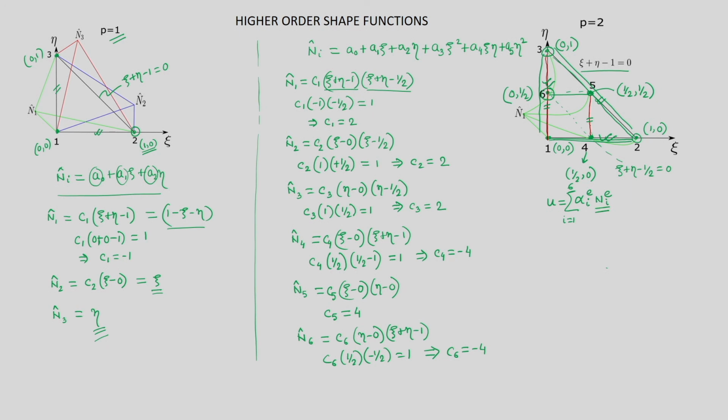So, u will be the linear combination of all these N i's. What is the size of the element stiffness matrix? In this case, it will be 6 by 6, and similarly the element force vector will be 6 by 1, because there are 6 candidates for w i's, that is N i's, and there are 6 alpha i's. So, that renders Ke as 6 by 6 and Fe as 6 by 1.